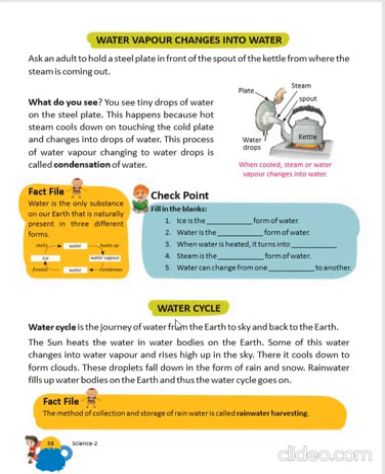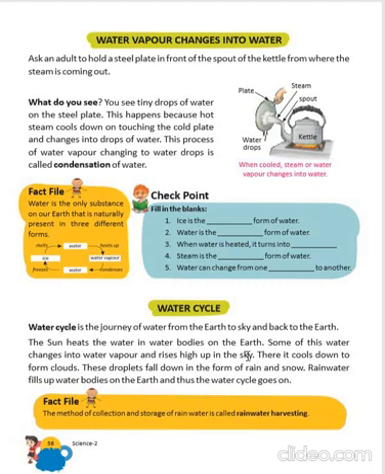Now come to water cycle. Water cycle is the journey of water from the earth to the sky and back to the earth. The sun heats the water in water bodies on the earth. Some of this water changes into water vapor and rises high up in the sky. Then it cools down to form clouds.